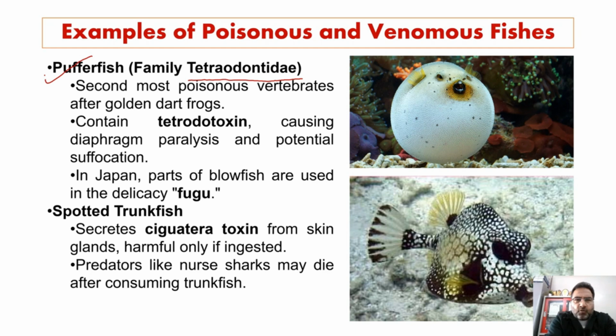After the golden dart frogs, these fishes are known to be the second most poisonous vertebrates. They contain a poison called tetrodotoxin. They cause diaphragm paralysis and potential suffocation.